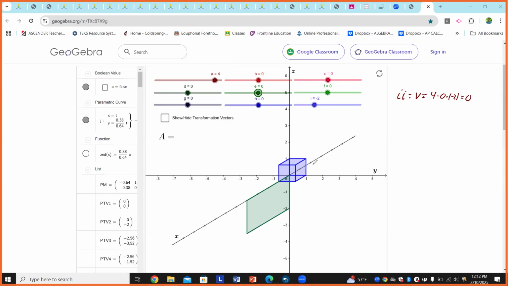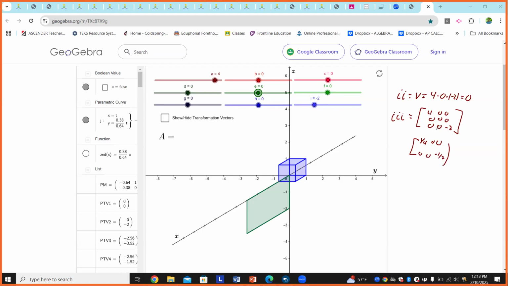Did y'all find out what the inverse of this is? There it is right there. When I look at this matrix right here, 4, 0, 0, 0, 0, 0, 0, 0, -2, I can multiply that by 1/4, 0, 0, and I can multiply this -2 by -1/2.